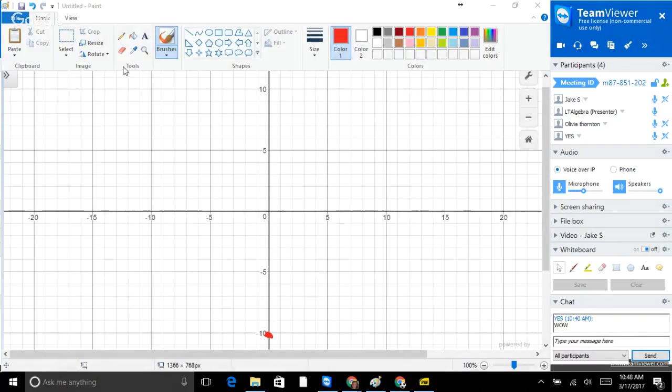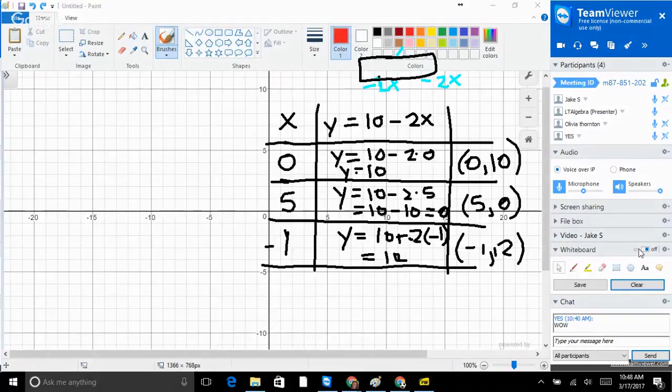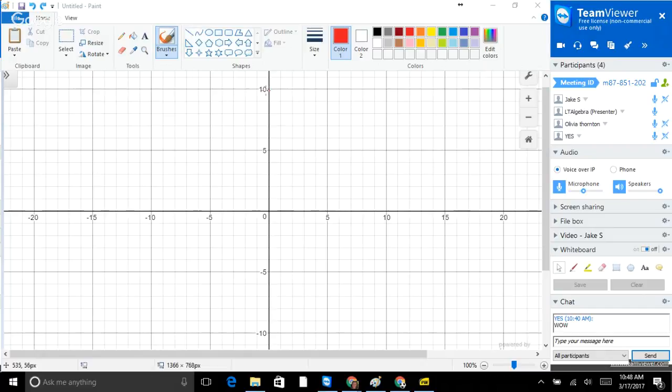I'm really confusing you guys today. I'm sorry. When x equals 0, y equals positive 10. So that's up here. So this point is x equals 0, y equals positive 10.